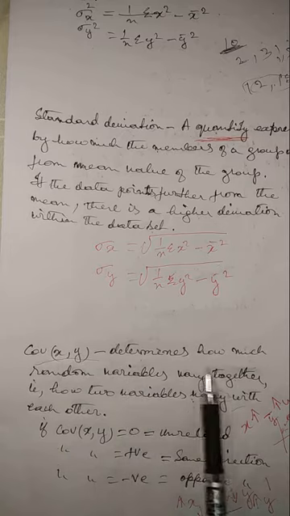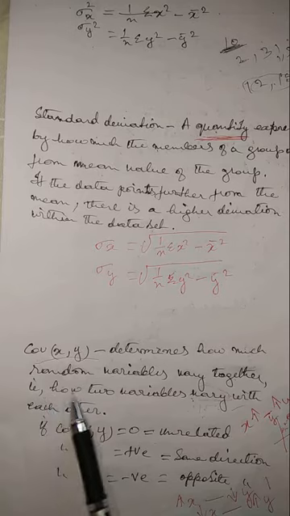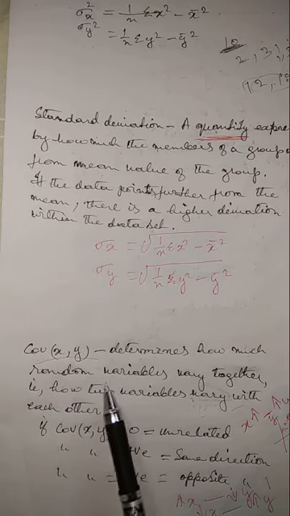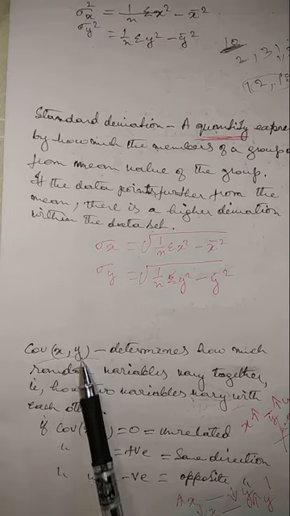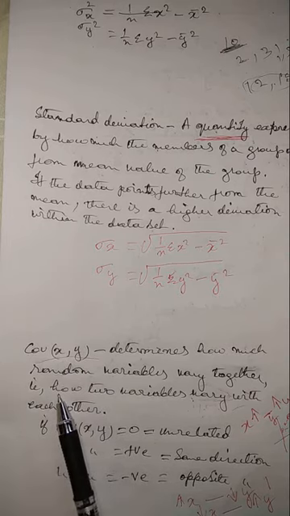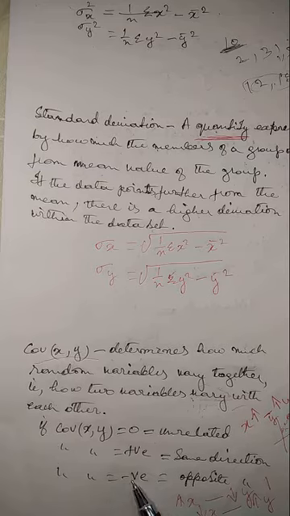It determines how much the random variables vary together. So for two variables, how much do they vary, that means how much x varies from y, or how much y varies from x. Whether they vary in the same direction, that is the positive correlation, or in the opposite direction, that is the negative correlation, or whether they are unrelated.